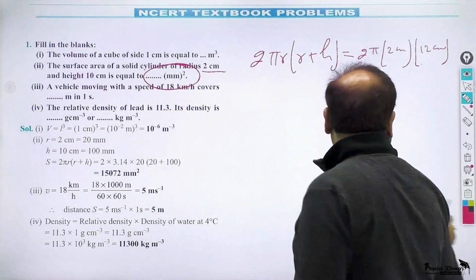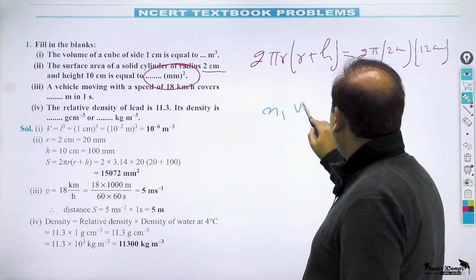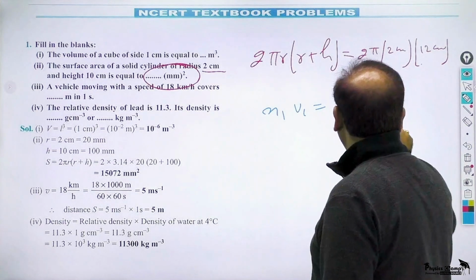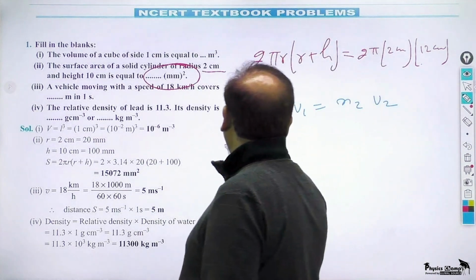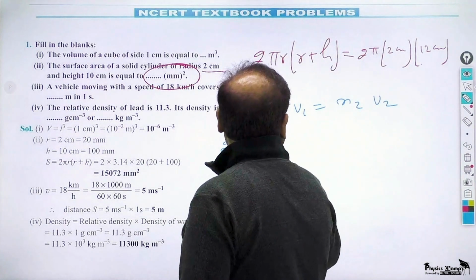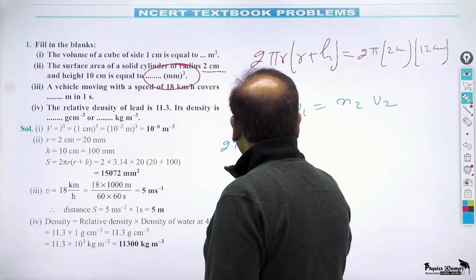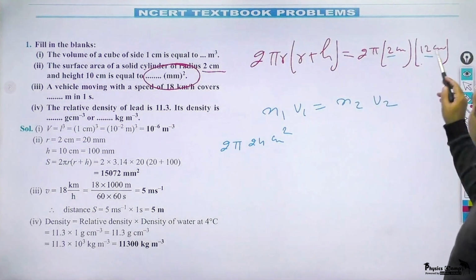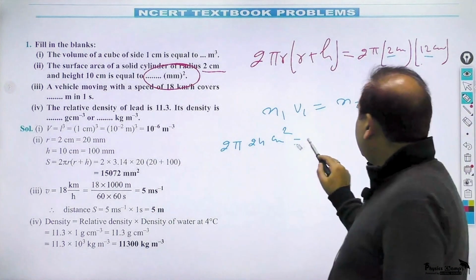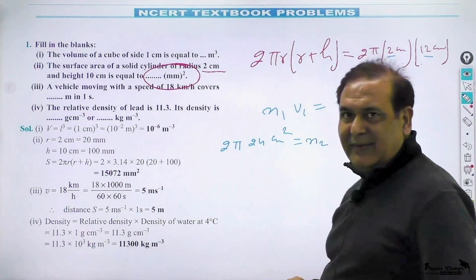So we'll say n1 u1 is equal to n2 u2. The numeric value in centimeter is 2 pi into 12 into 2 centimeter square, which is 24 into 2 pi. How much is the numeric value in millimeter square?